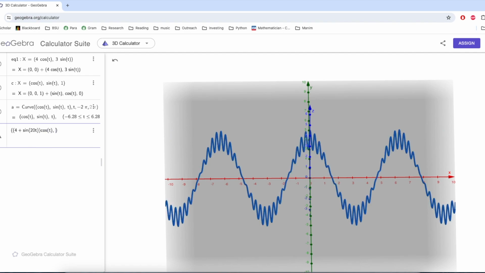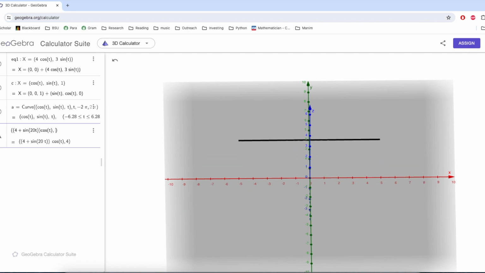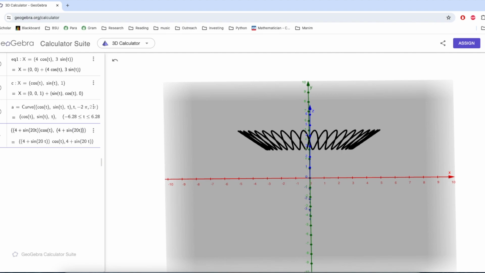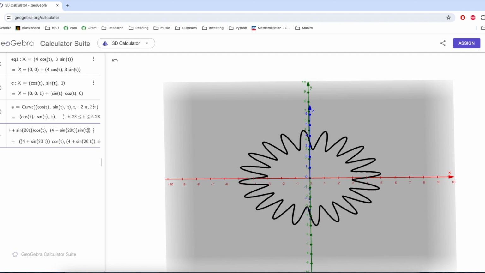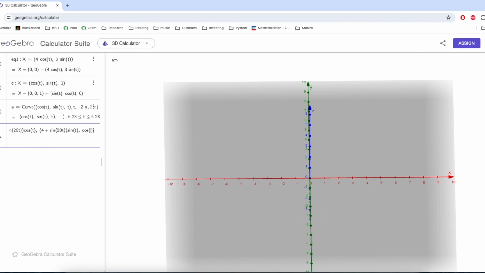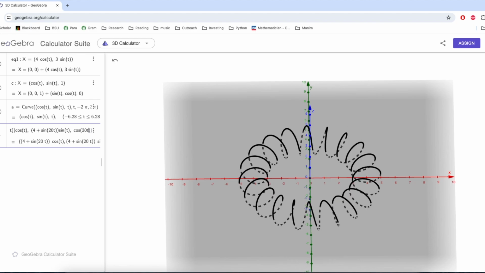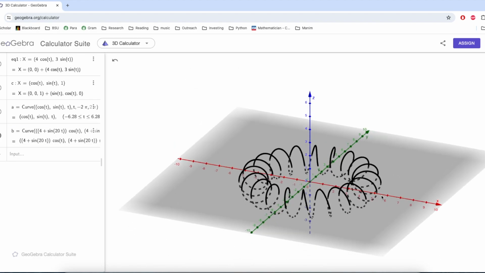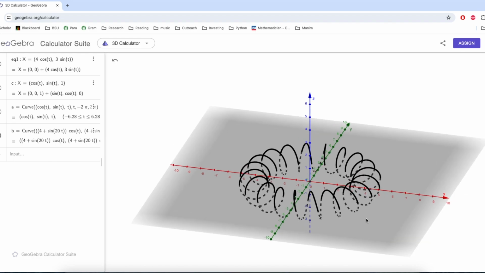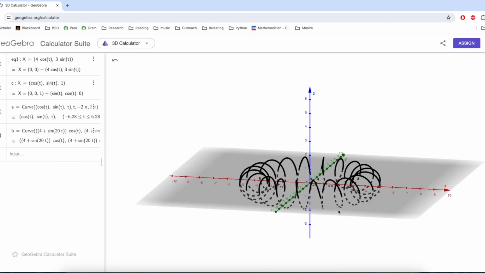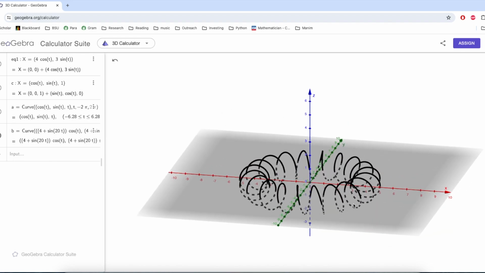The second component is 4 plus sine of 20t, all together multiplied with sine of t. And the last component is cosine of 20t. So you can adjust the axis, drag it around, and change the viewpoint to see the spiral.